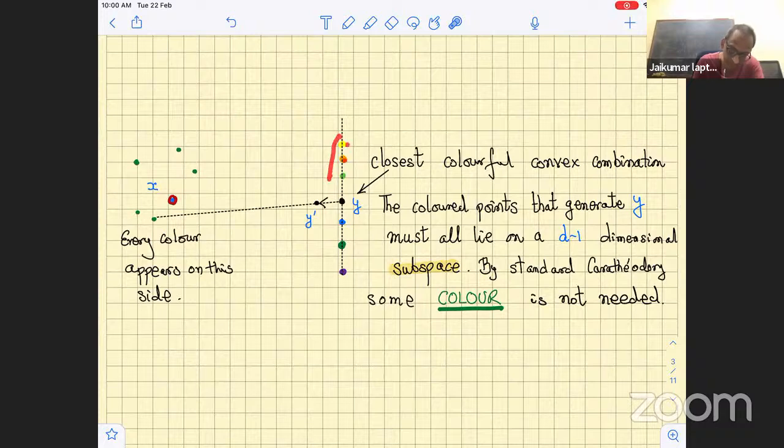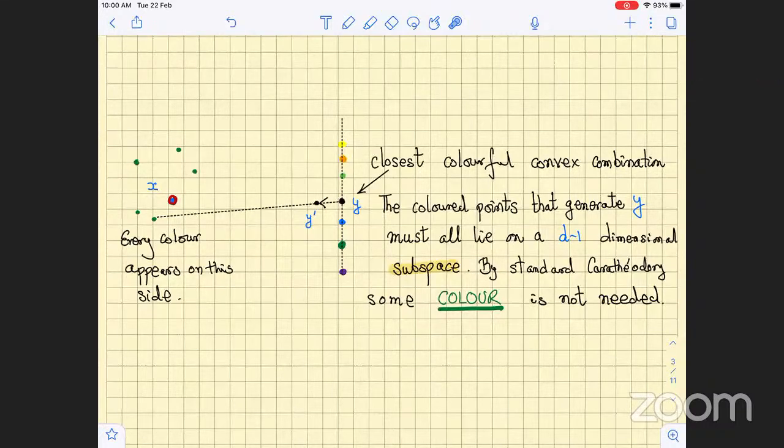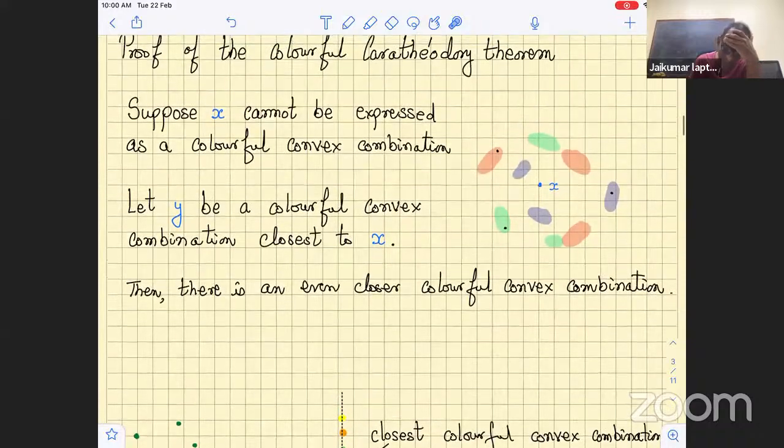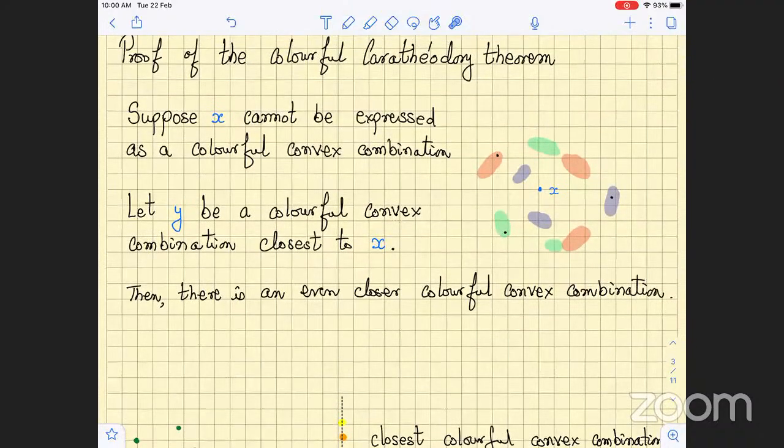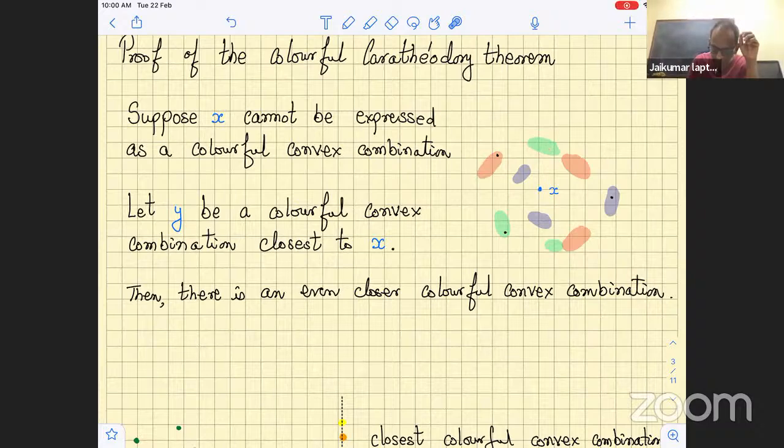It uses all the colors to generate this point, at most one of each color. How do you know such a minimum exists? That's what I was trying to say. Once you pick a point of each color, a pink point, a green point, and a blue point, that defines a convex hull. If X is in that convex hull, X is a colorful combination.